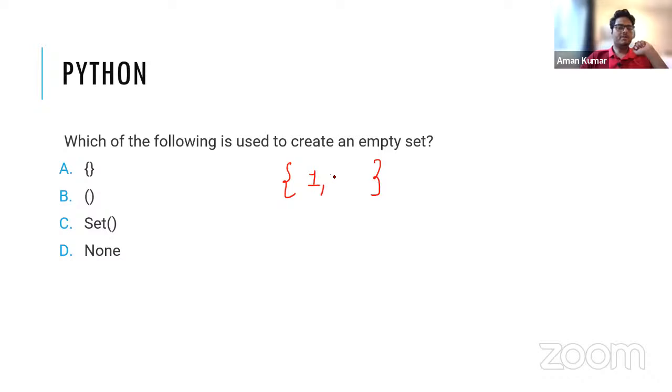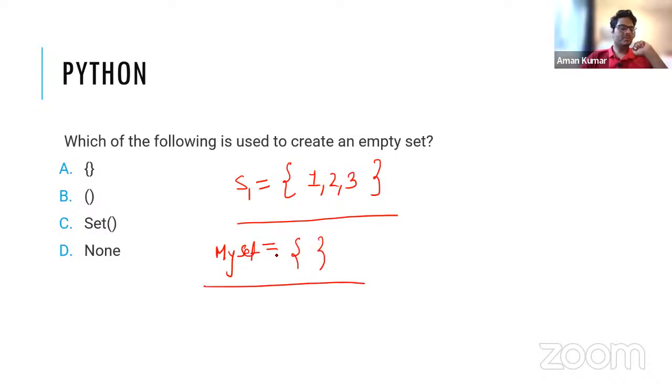I mean, if I print a set1 it will be shown like this, right? So if set1 is shown like this, and if I say my set is equal to this, will it not create an empty set for me? Will this not create an empty set for me? I'm just asking.